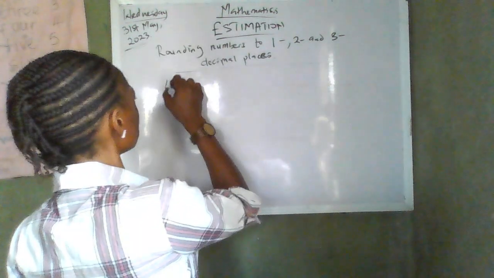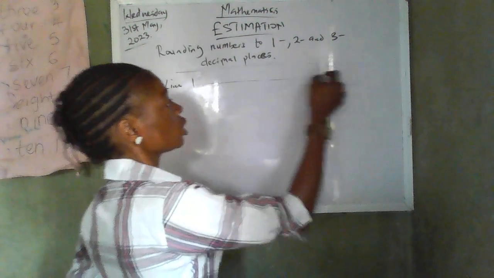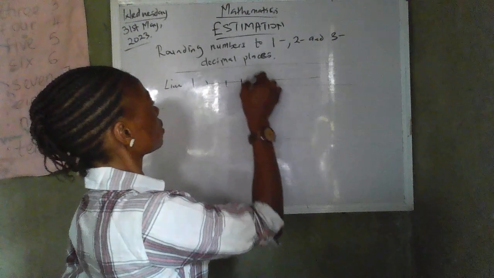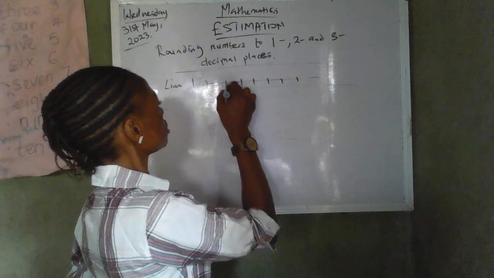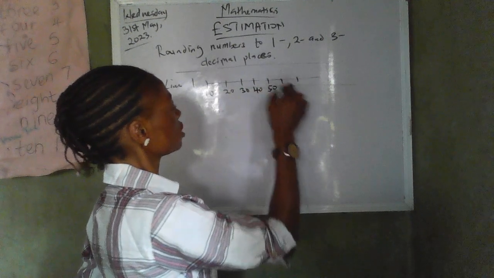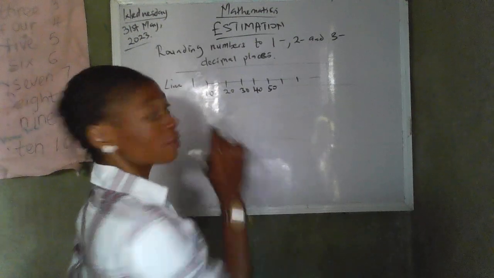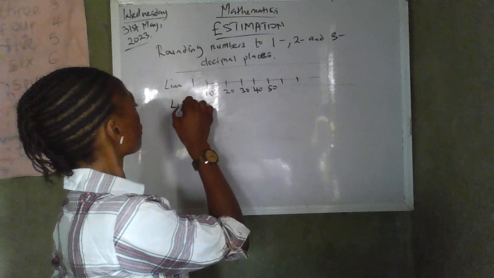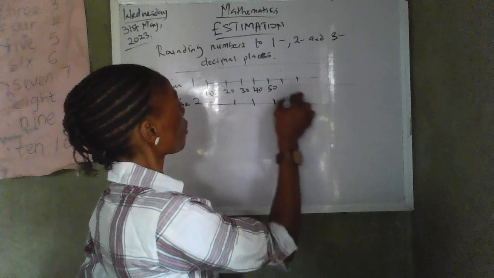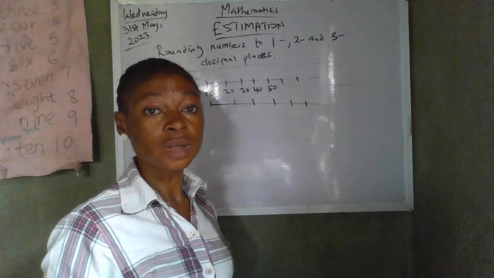For line 1, you're expected to draw in a sequence of tens. Let's see. 10, 20, 30, 40, 50, and so on. Then for line 2, we should be in sequence of hundreds.